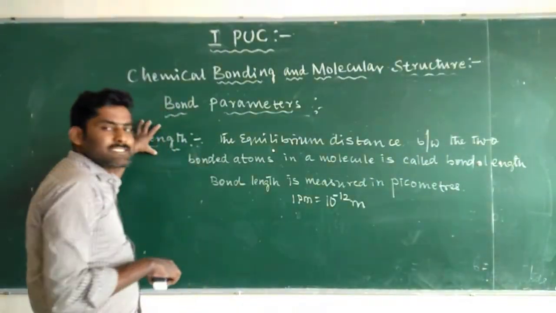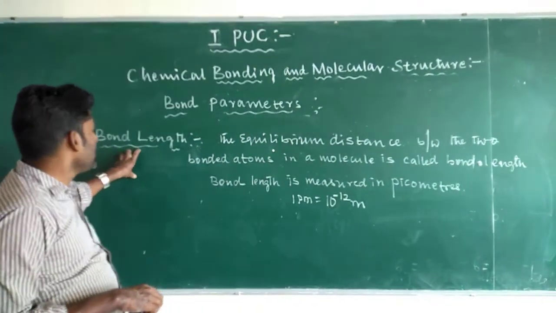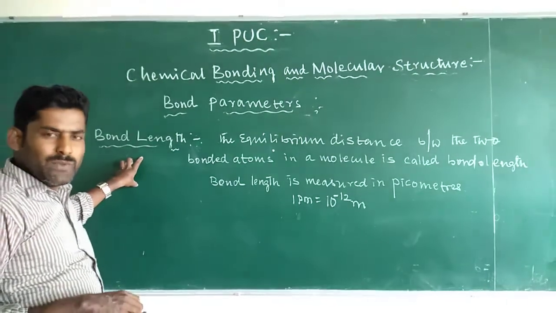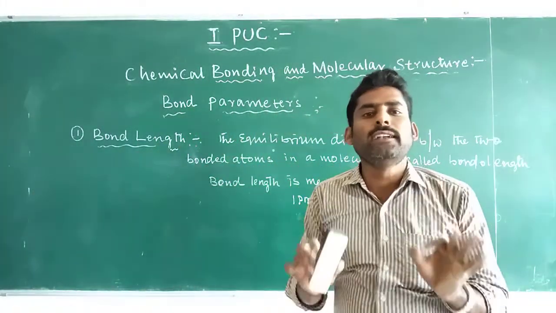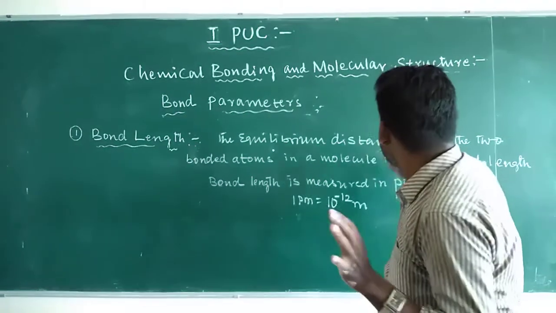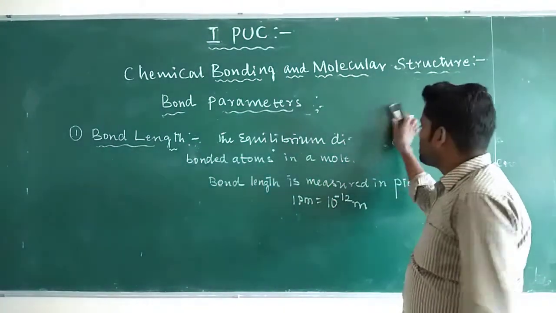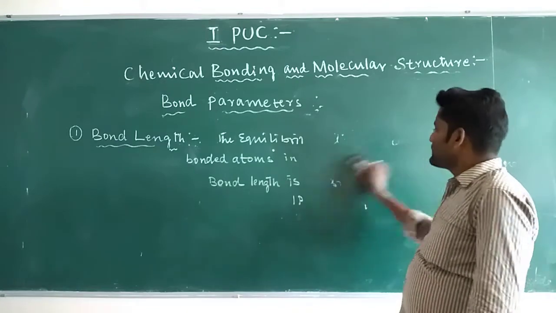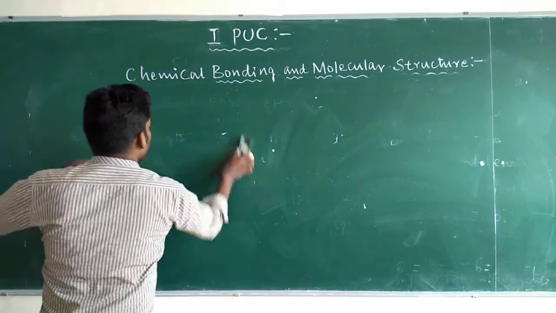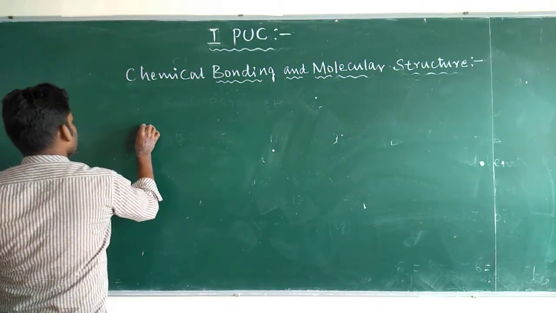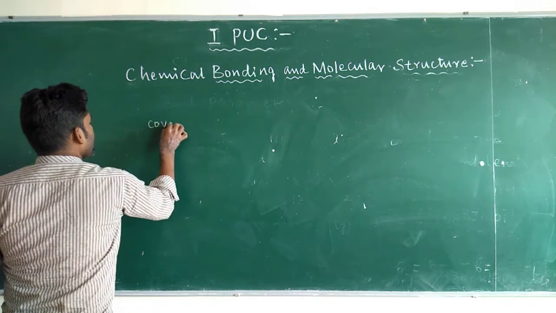To define this bond length, we can consider covalent radius and van der Waals radius. So, covalent radius.